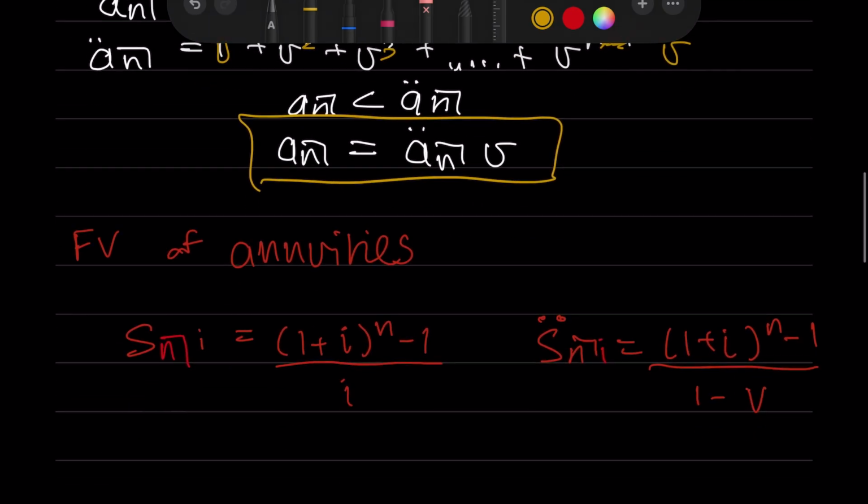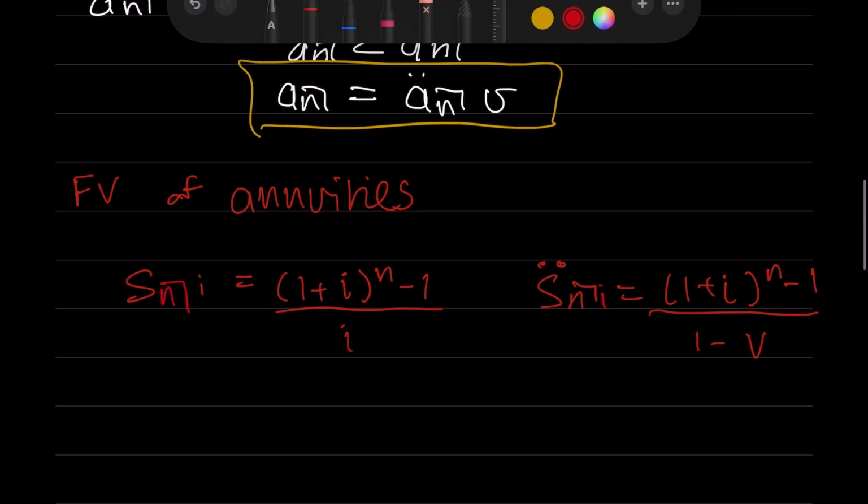So now, besides present valuing of annuities, we can also consider future valuing annuities, which comes with these two formulas. I don't have much to say about these two formulas. I never used them a lot, but there's nothing wrong with using them. The i's, the v's, the n's are all the same. I'll write them out in first principles now.